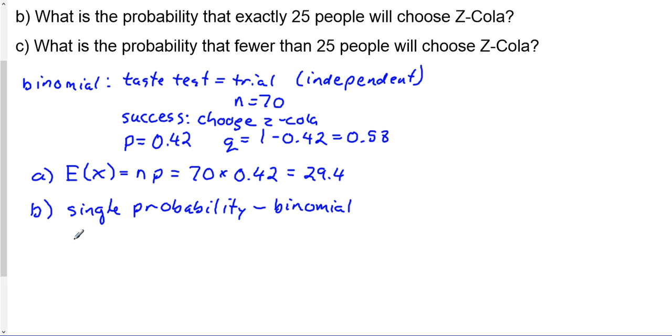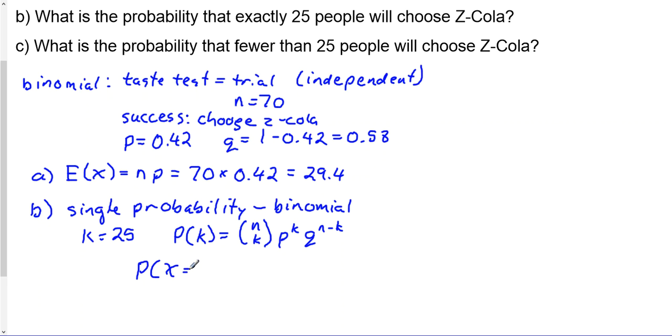Okay, so we know that k is going to be 25 because we're interested in the probability of getting 25 people. We know that our binomial probability is P(k) equals n choose k, p to the k, q to the n minus k. So what we want here is the probability of exactly 25 successes.